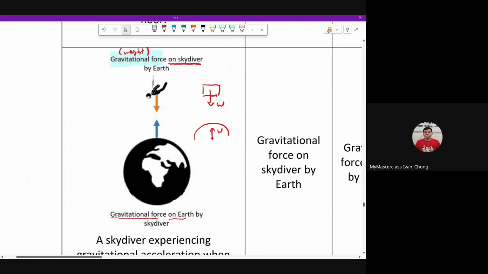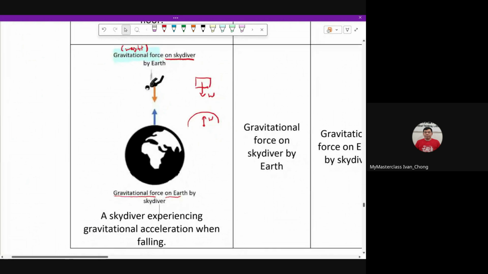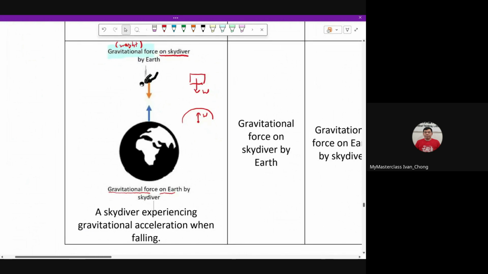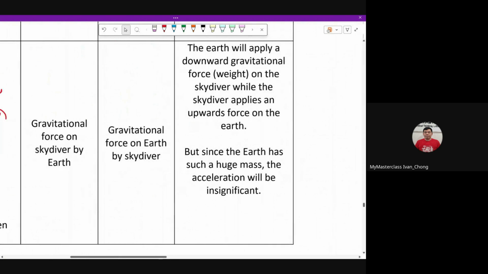The only reason why the Earth doesn't move is because it is much, much, much bigger than us. So because of this, the Earth doesn't really move very much compared to us, which is much, much, much smaller compared to the Earth. Okay, so because of this itself, you can see the Earth is the one pulling us down, and that's why we will fall downwards, while your skydiver will actually pull the Earth up.